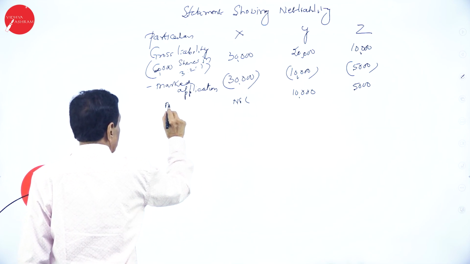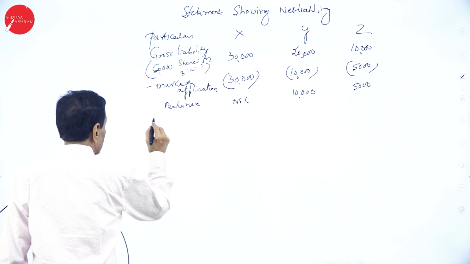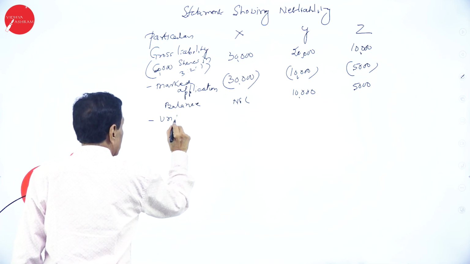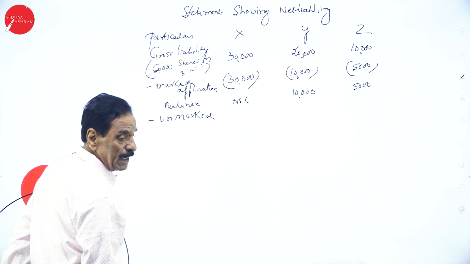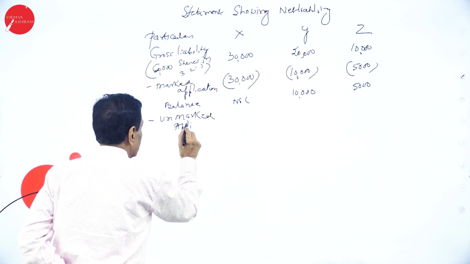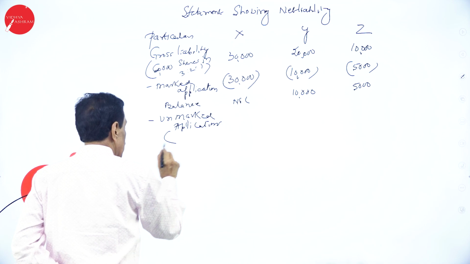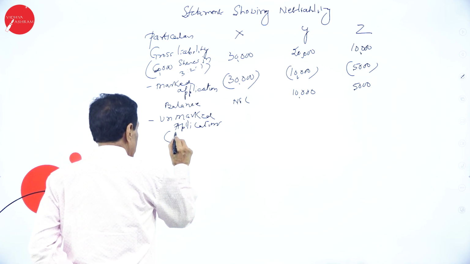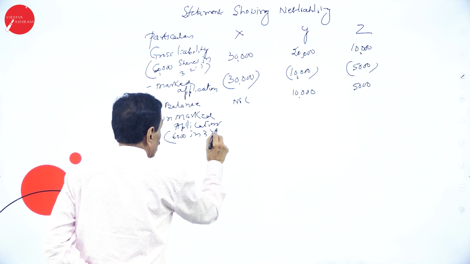Balance. Minus unmarked applications, 6,000 in 3:2:1.